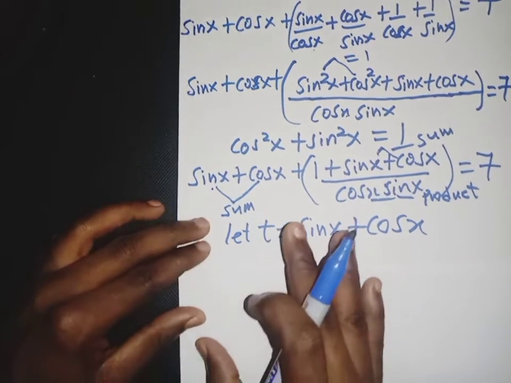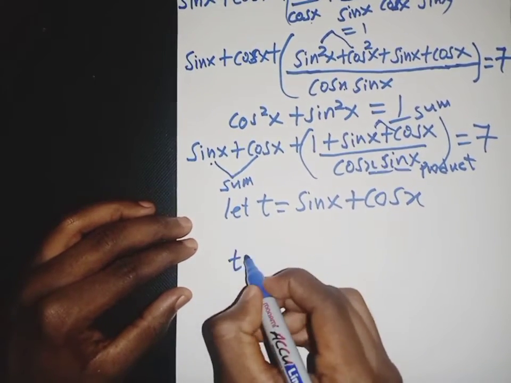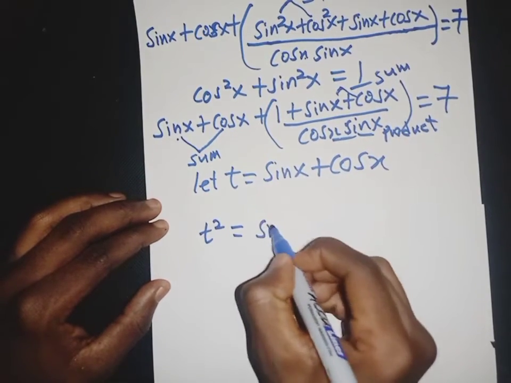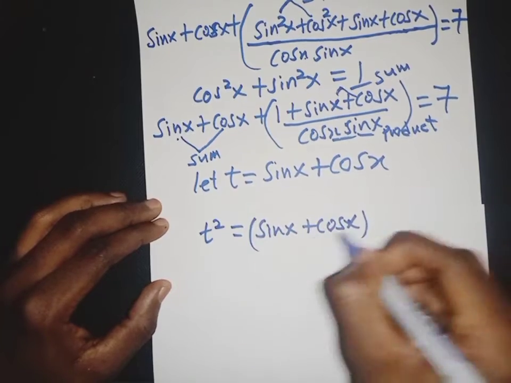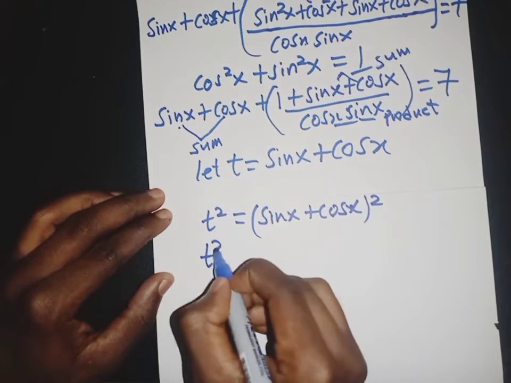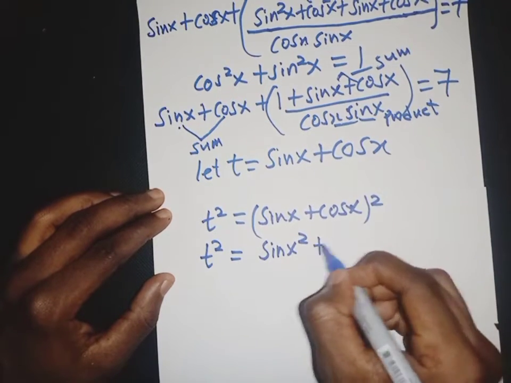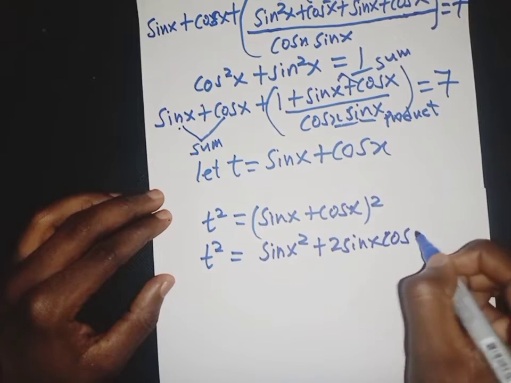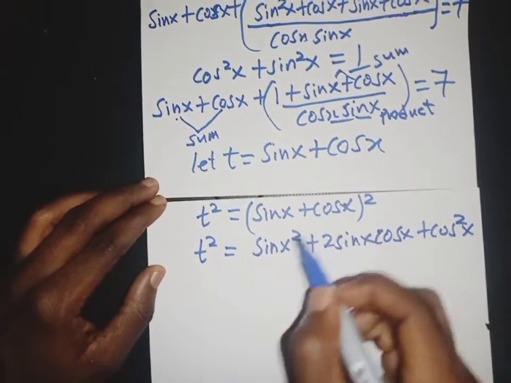So when we square both sides, we have t squared equal to sine x plus cos x, all squared. This gives us sine squared x plus 2 sine x cos x plus cos squared x. What we did was expand that.